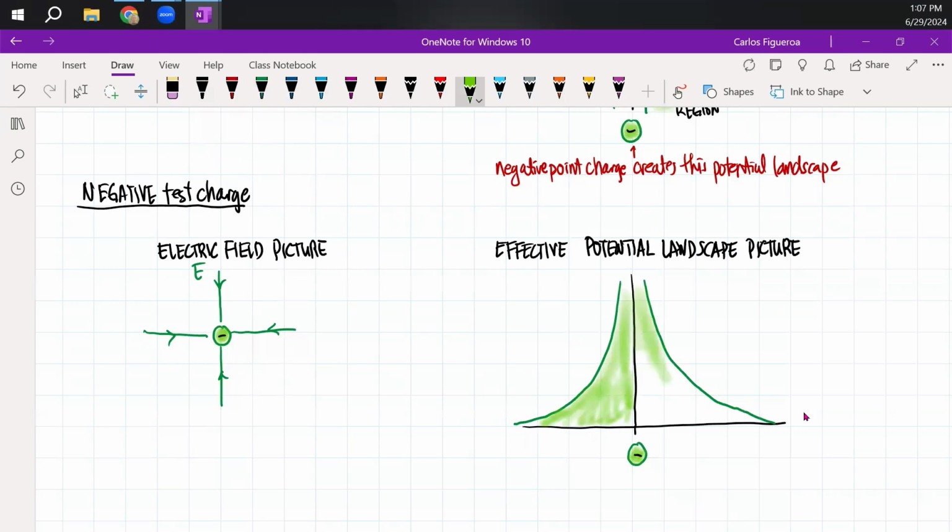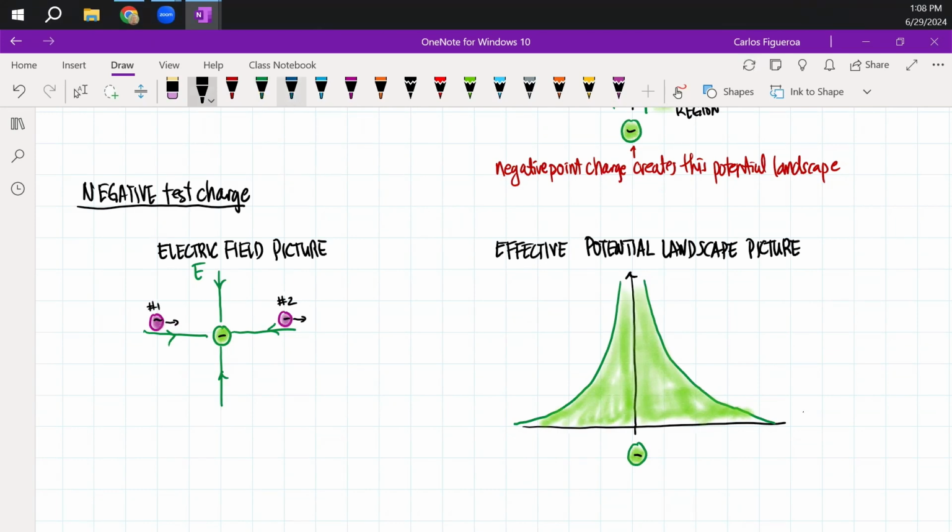If we don't do this, then we have to deal with the anti-skier type thing. So here we go. Now I have a test charge that's negative, and this test charge is either going to be with or opposite of the field direction.